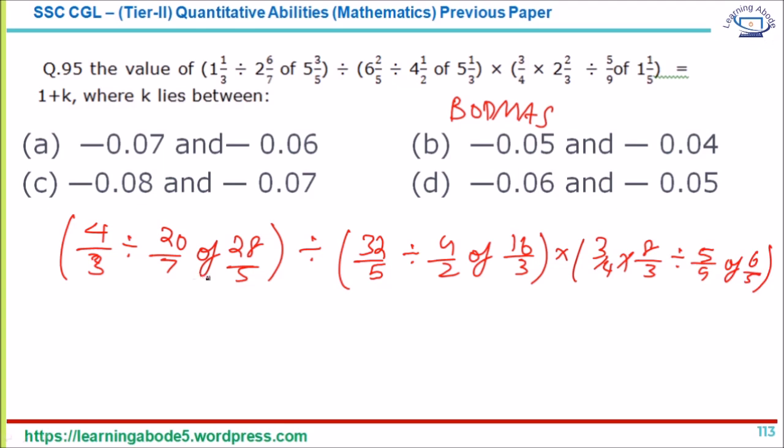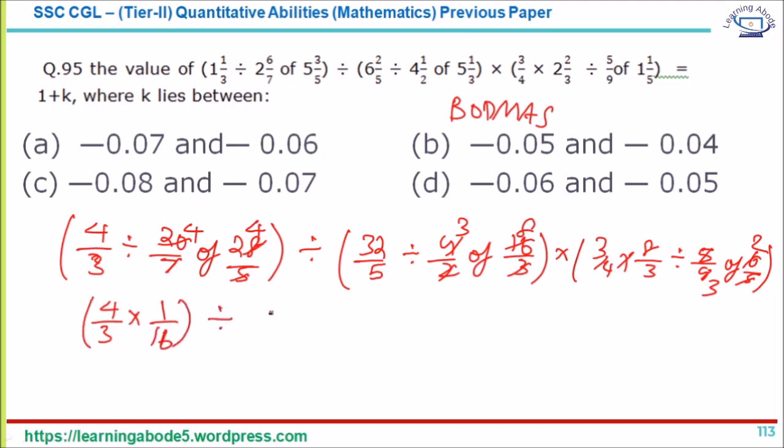Okay, now this is like 4, and this is also 4, and here this is 8, this is 3. Okay, now here off should come first, so 5 and 5, this is 2 and this is 3. Then we should go for division, so this is 4/3 into 1/16.